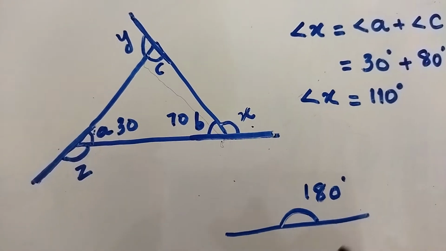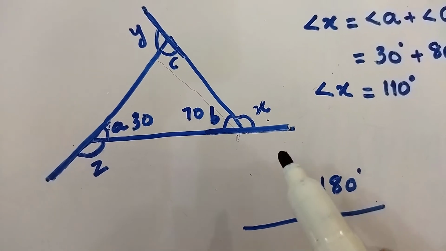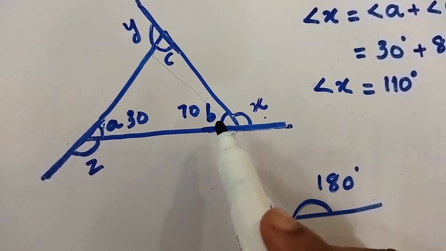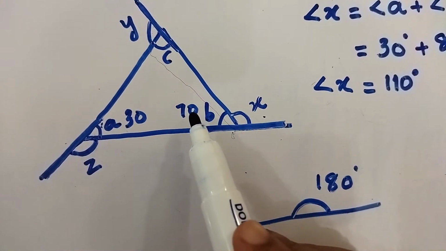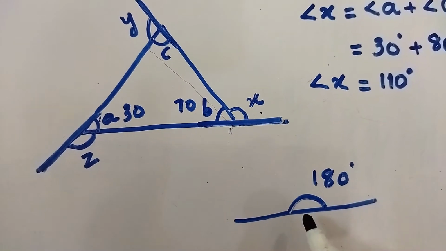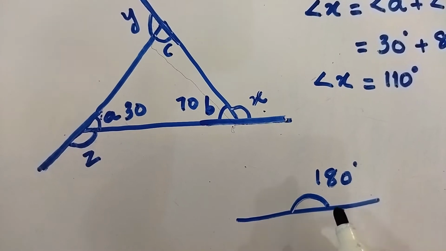And there is one more way to find out the value of X. It's actually a supplement angle, that is, two angles are making a straight line, and we already know that a straight line gives us the angle of 180 degrees.